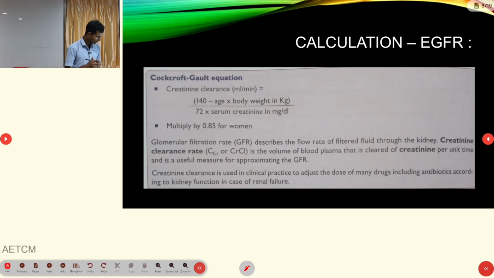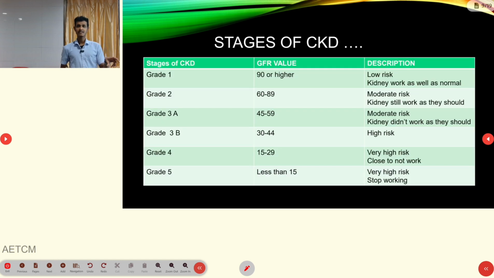Creatinine clearance we use for many purposes. Mainly for some antibiotics, we adjust the dose based on the creatinine clearance. That is also one of the uses. But in the case of CKD, to categorize the people, we are using the eGFR rate.